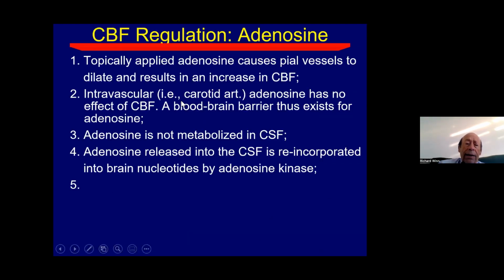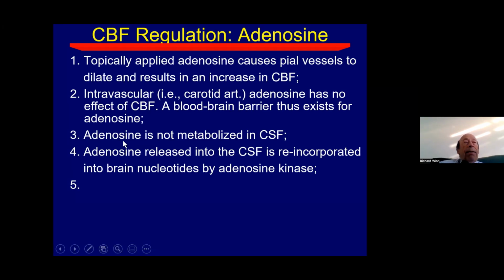So I told you that topically applied adenosine causes PO vessels to dilate, that is the penetrating vessels. Intravascular adenosine has no effect on CBF. Again, it's the abluminal surface that's active. So a blood-brain barrier exists for adenosine. It can't get through the barrier.